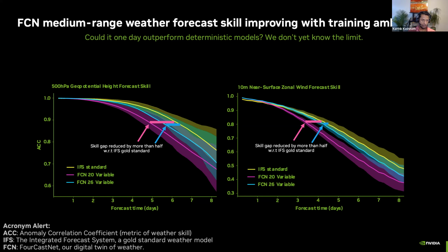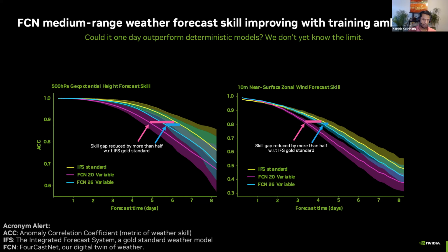On the left is 500 hectopascal geopotential height, and on the right is 10-meter surface wind speeds. Our model in early 2022 was the pink line, and it had a smaller set of variables, and it was about a day and a half behind IFS at an ACC of 0.9. We're looking at the figure on the left here.